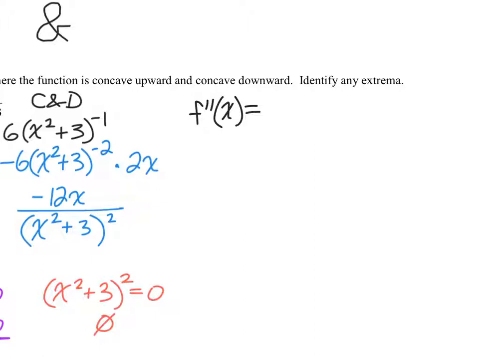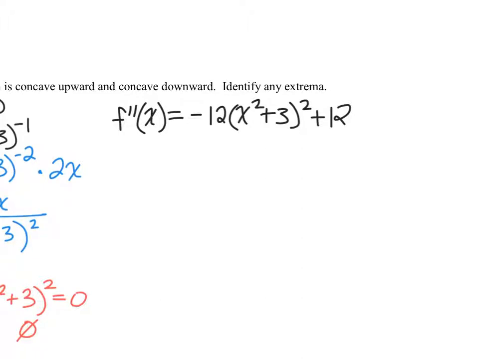So low D high, so that's going to be negative 12 times x squared plus 3 squared, minus the high, so minus negative 12x, so plus 12x, D low, so that's going to be the little baby chain rule there.